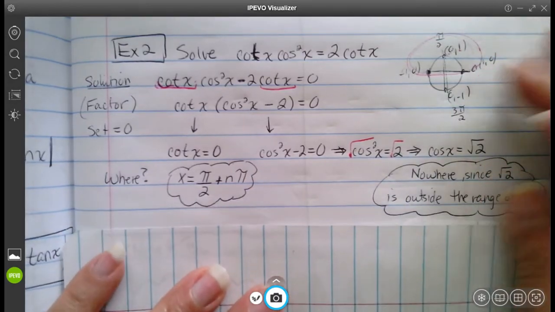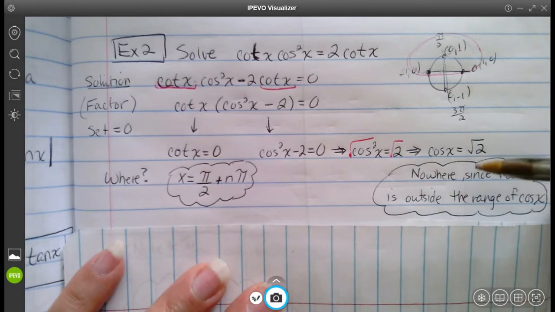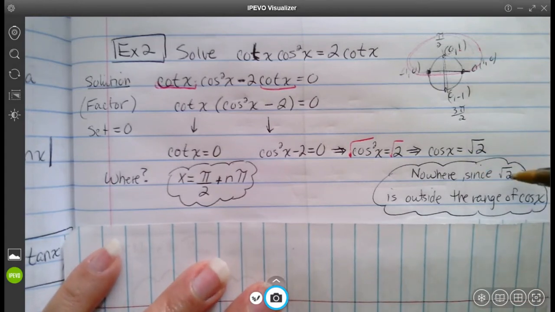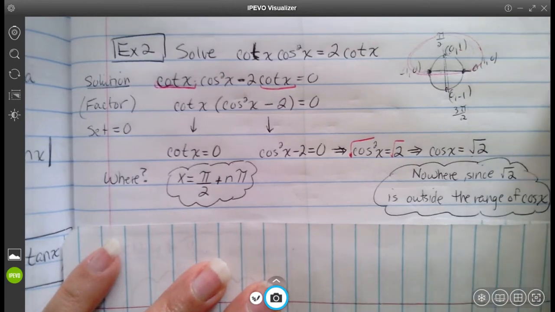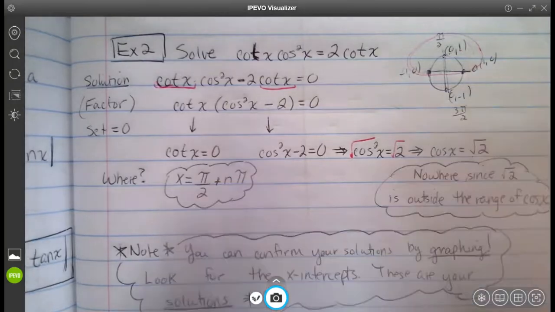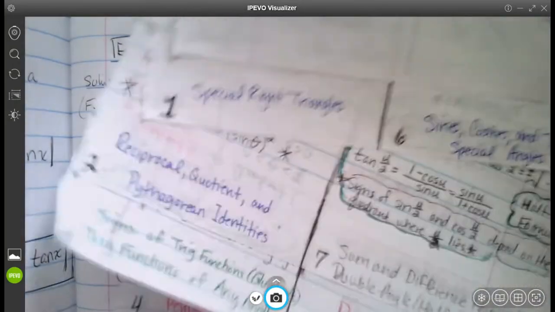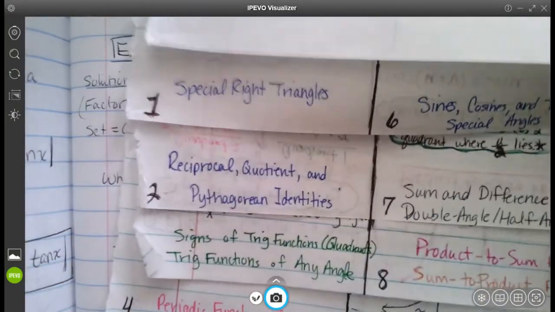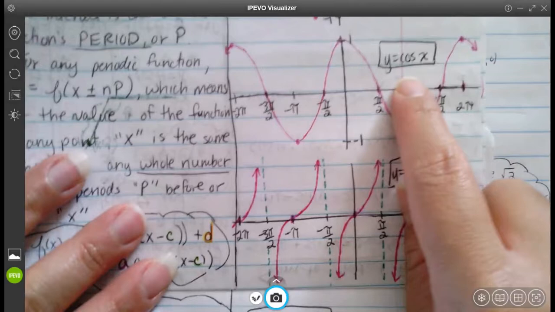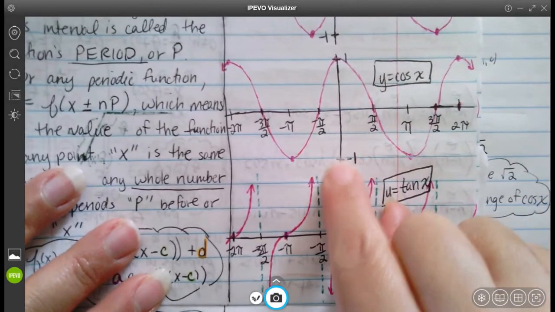The other solution that we found, you'll notice I put that this happens nowhere. So let me jump over to cosine now. Remember that cosine has a range between -1 and 1, and that is in your foldable as well. If you look at your graphs, which are tab number 4, we can see that cosine has a range from here to here.